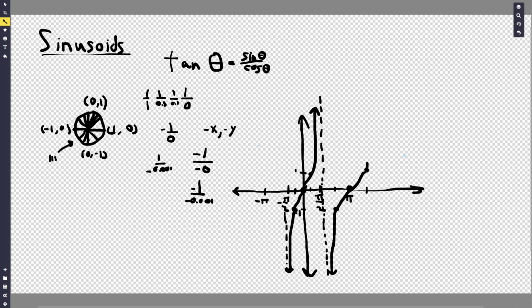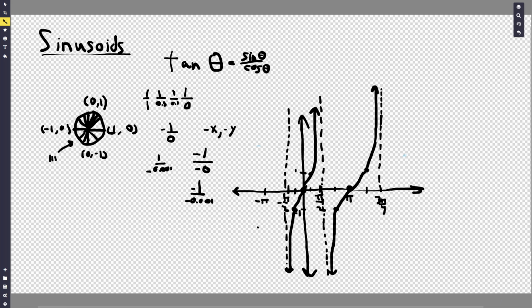So I'm going to make another mark here, 3 pi over 4, okay? So I'm going to make an asymptote here. So as it approaches 3 pi over 4, it also approaches infinity, okay? And what you would notice is that this occurs in both directions.